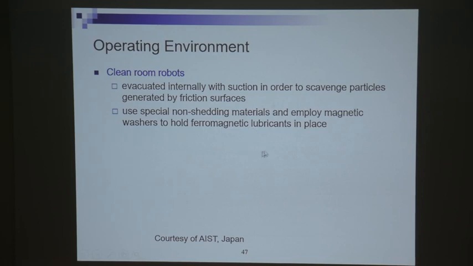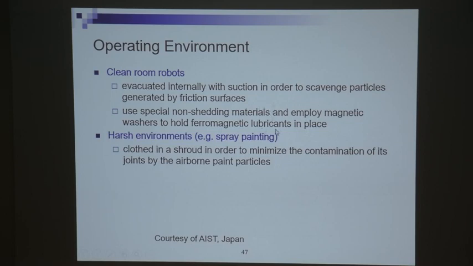And then you may have to employ magnetic seals to hold the ferrofluidic magnetic lubricant in place as well. There's also the situation where your manipulator is going to work in a harsh environment, for example spray painting. So you have to use a coating to minimize the contamination of the joints by the airborne paint particles.